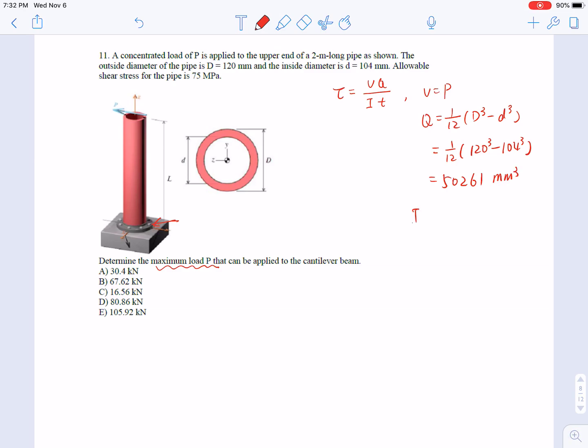And the I can be calculated using these two numbers too. This is pi over 64 times the external diameter to the fourth minus the internal diameter to the fourth. Then you can get 4436230.